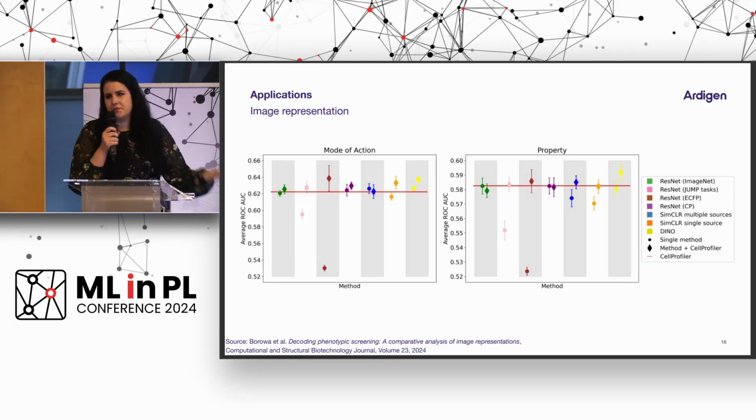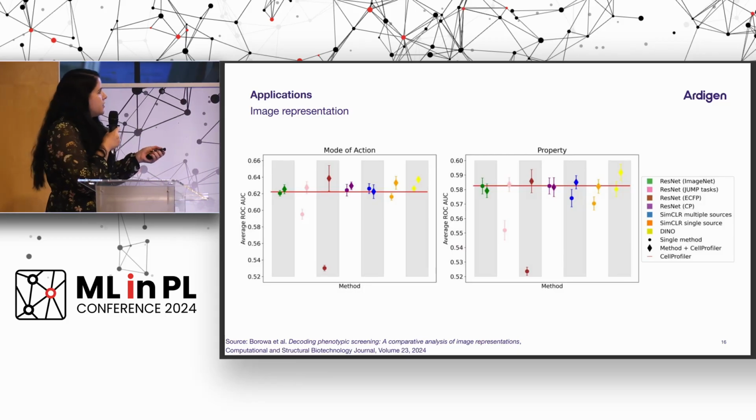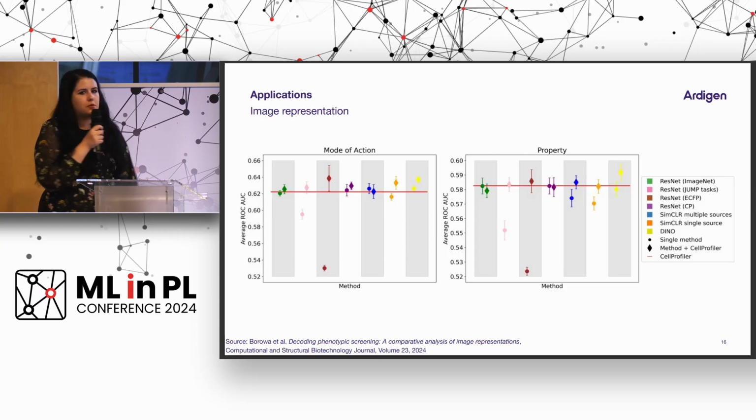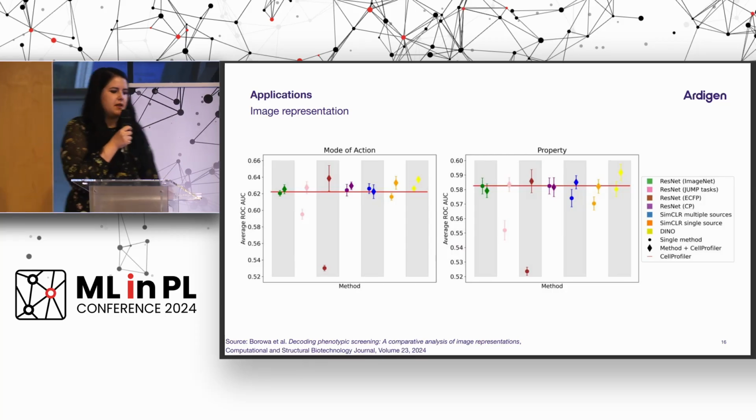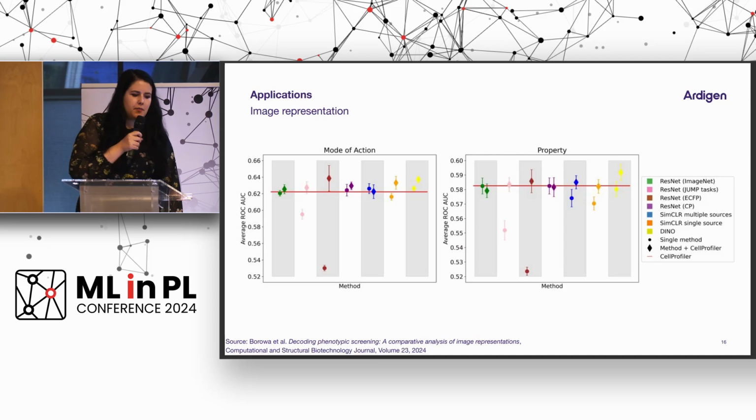And of course, as with all images, there was a push for transformers. We have here distillation with no labels that uses vision transformers, and right now there's also research with masked transformers and so on.